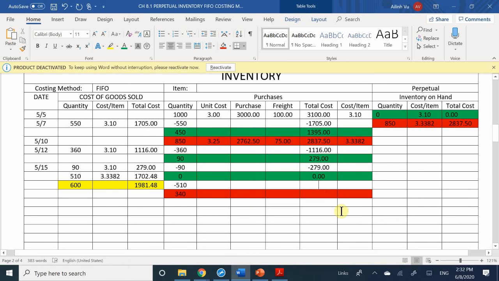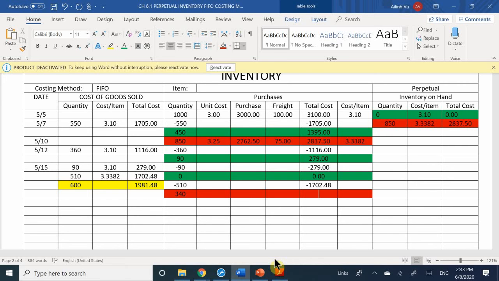Okay, I'm going to go over here and I'm going to subtract my 1702.48, and what do I get? So you make sure that you're indicating it from the $2,837.50.